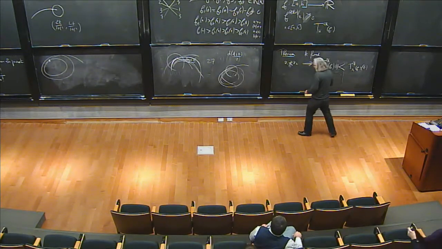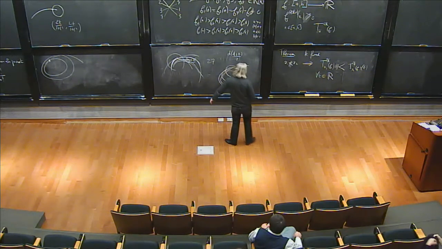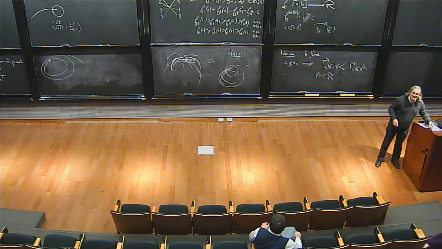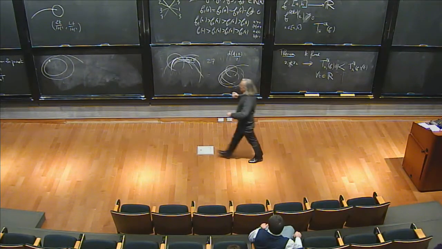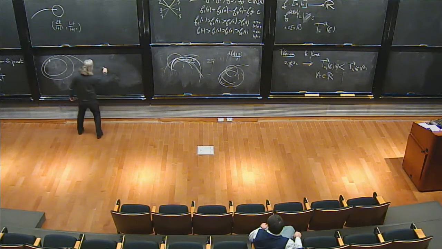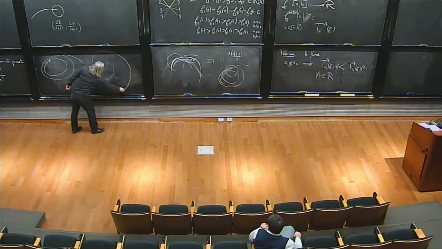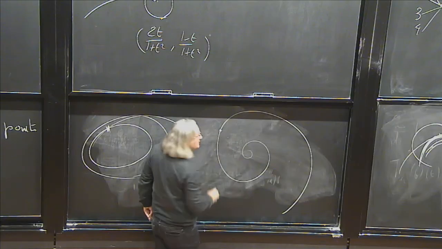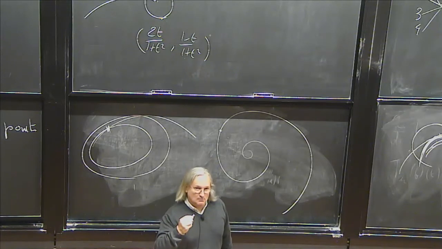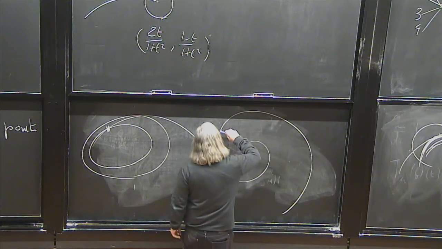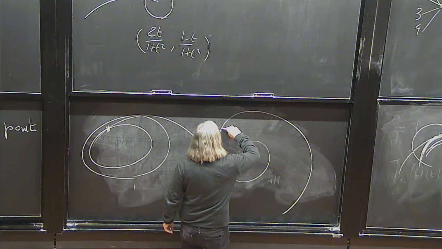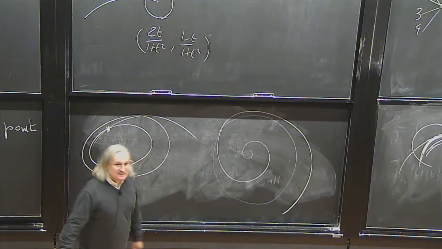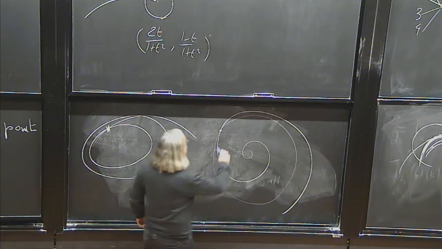So if you, the simplest example is you take a spiral, and for each point of the spiral, you draw the osculating circle. And the picture is something like that. And the fact is that these circles are disjoint.